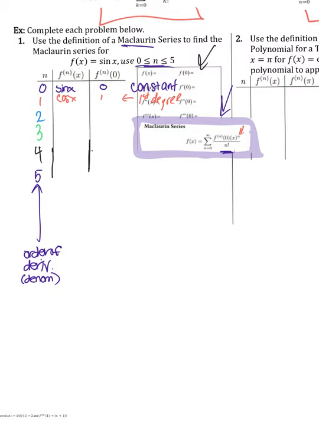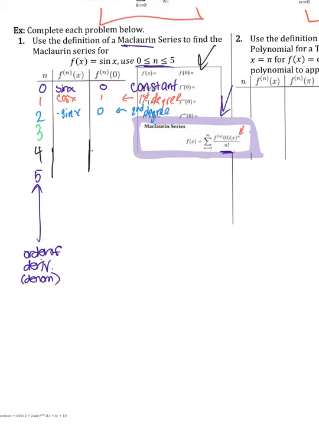Next, before I plug in 2, the second derivative of sine, or I can just take the derivative of cosine, is going to give me negative sine of x. Negative sine of 0 is going to give me 0. So this is going to be my second degree term, or my second degree coefficient.